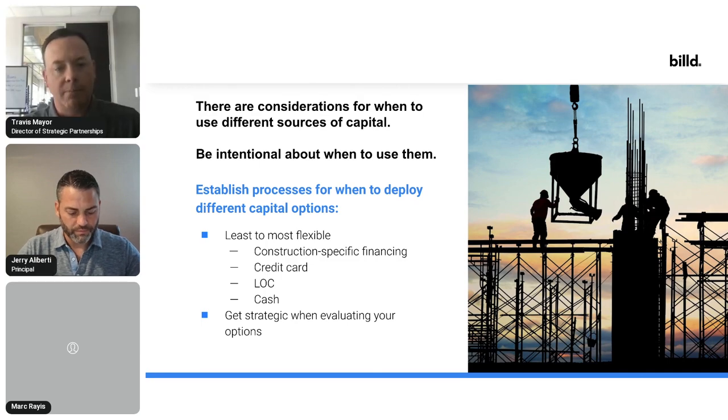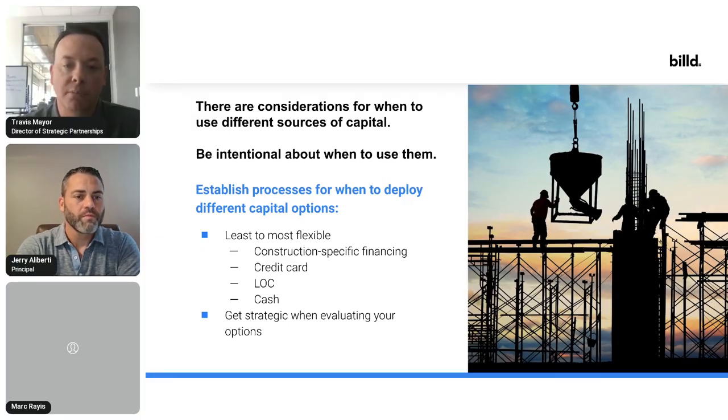A good rule of thumb, and most often it's the opposite, is using your least flexible to most flexible in that order. Most often, you would see folks use their cash and line of credit first, as that is typically the cheapest or perceived most cost-effective option.